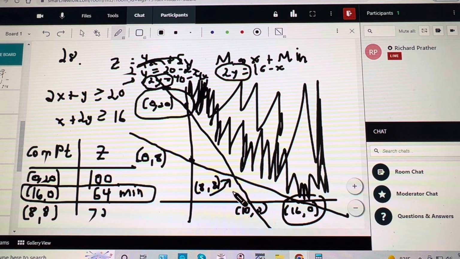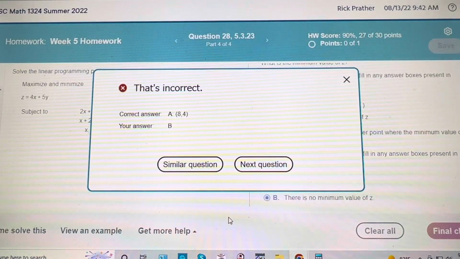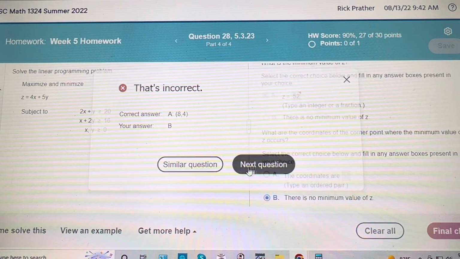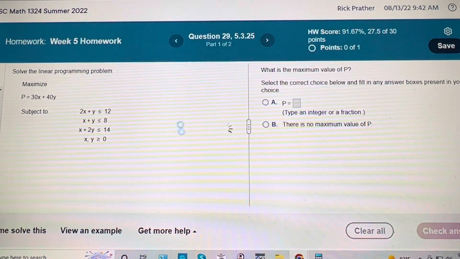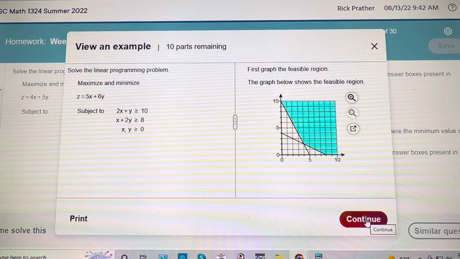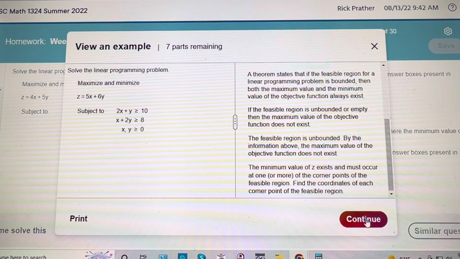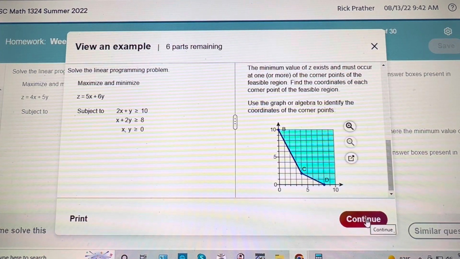I don't see where they're getting 8, 4 from. See, there's the 3 points we had.